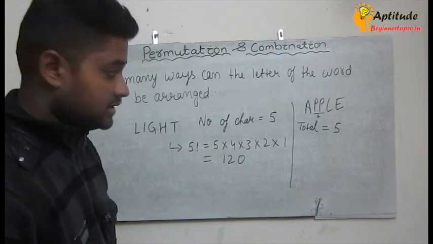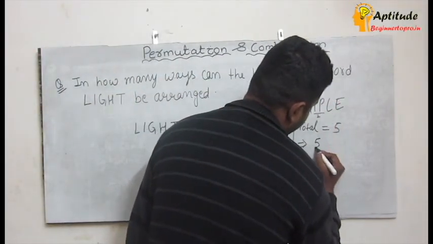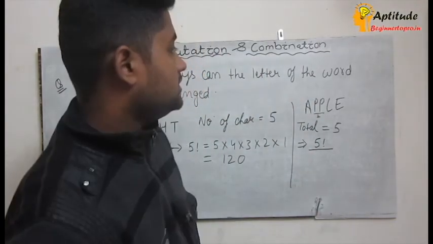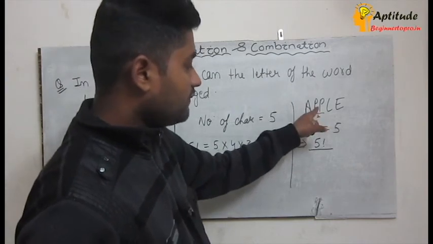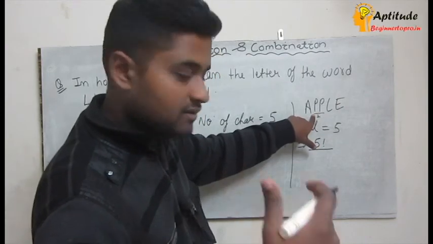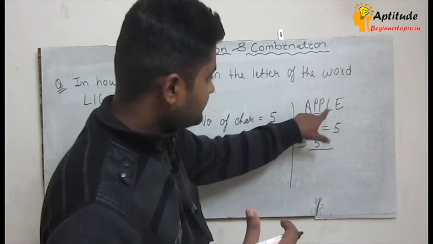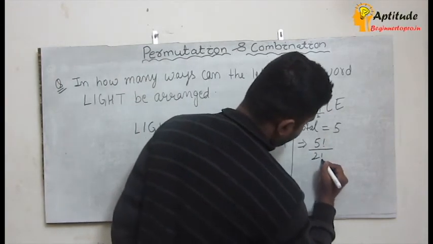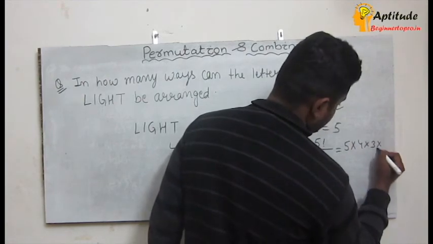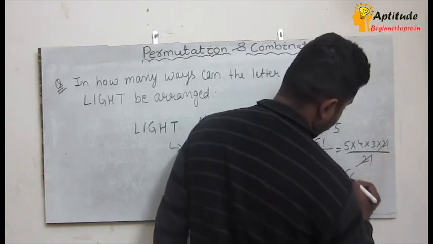So to solve this type of question, just find 5 factorial and divide it by the factorial of the number of occurrences of the repeated character. Here P has occurred twice, so we will divide it by 2 factorial. So this is 5 into 4 into 3 into 2 factorial by 2 factorial, which is 60.